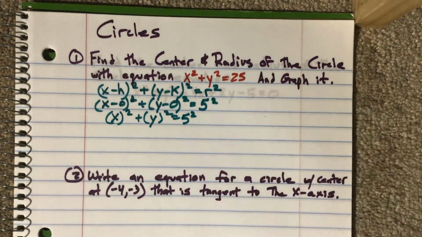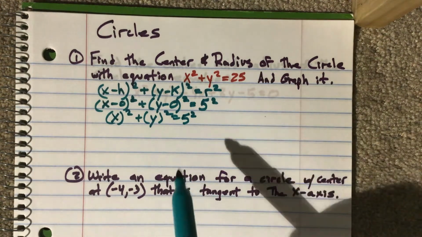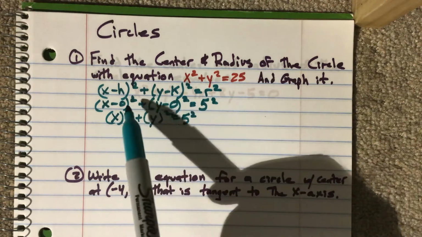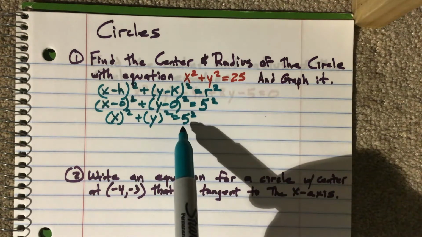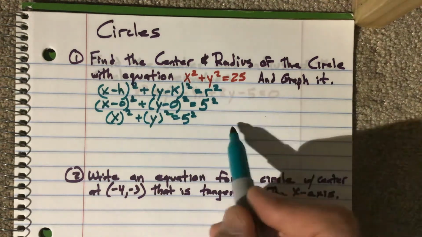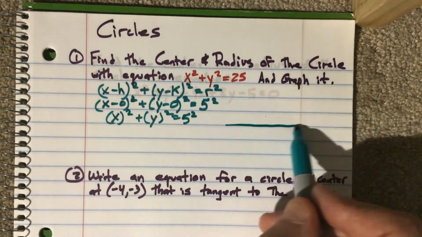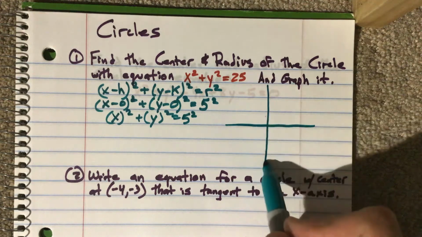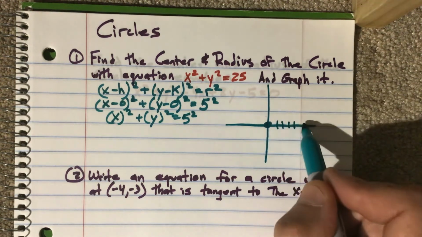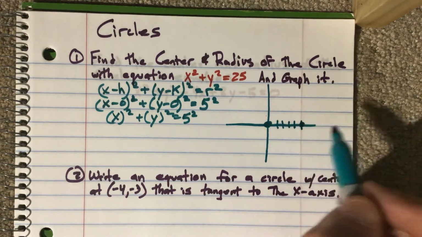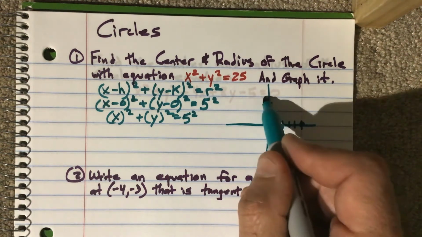So what's happening is this is a circle whose center is at the origin and whose radius is 5. And you can see that there. It asks us to graph it, and that's really easy to do. The center is at the origin, and then we go 1, 2, 3, 4, 5. That's a point on the circle. 1, 2, 3, 4, 5.